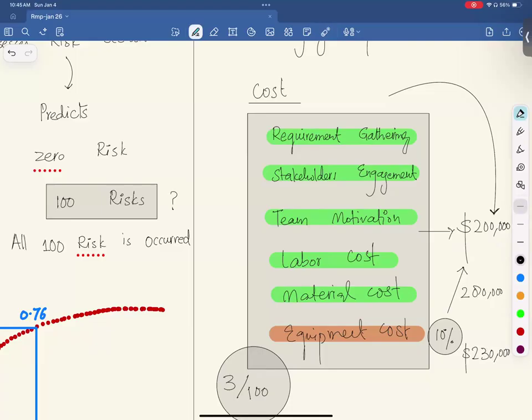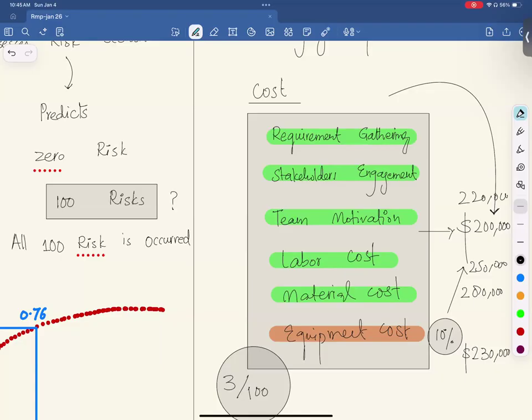Then I again perform, I keep everything constant, I change labor cost, 250,000. I keep everything constant, I change motivation, let's say 220,000. Similarly, I keep on doing these analyses one by one, and then I see which element, if changed, has the highest impact on your project.